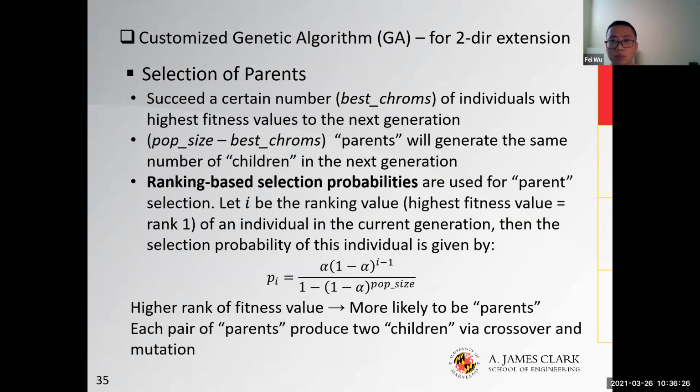So using these fitness values, we can select the parents from these chromosomes.